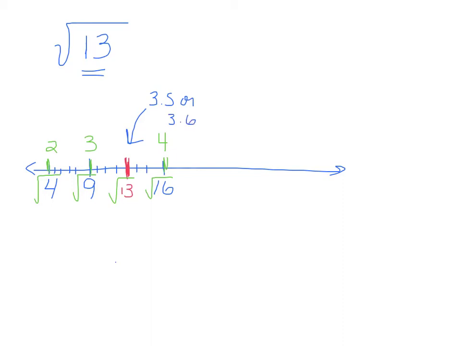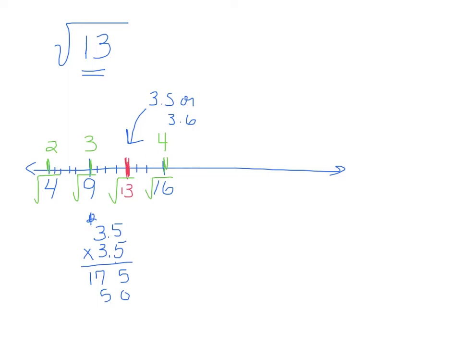So let's check. If I check 3.5 times 3.5, because remember, I'm looking for what number times itself would equal 13. So if I multiply these, 5 times 5 is 25, carry the 2, 5 times 3 is 15, plus 2 is 17. Put that 0 there. 3 times 5 is 15.